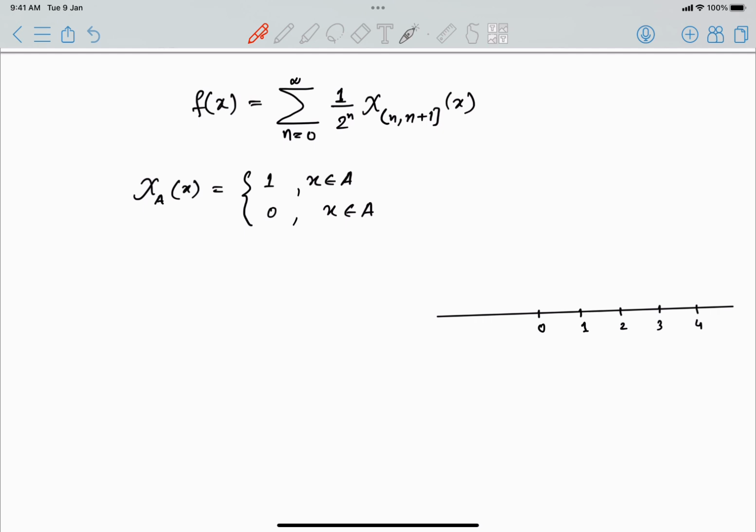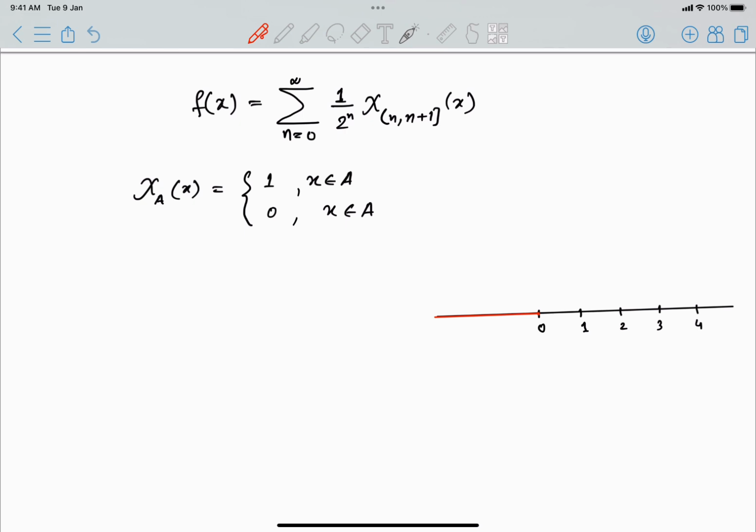And for any negative x it is the same, because n goes from 0 to infinity and the intervals are shifting right. So this is the zero function from minus infinity to 0.